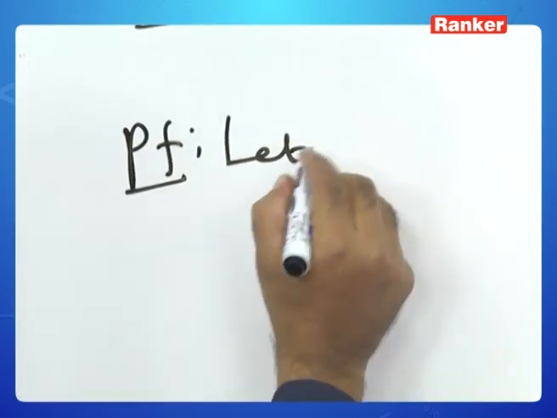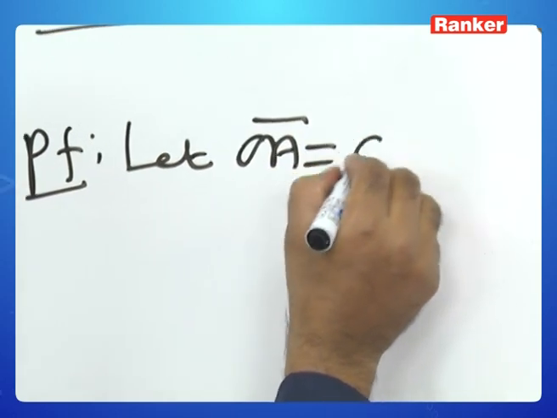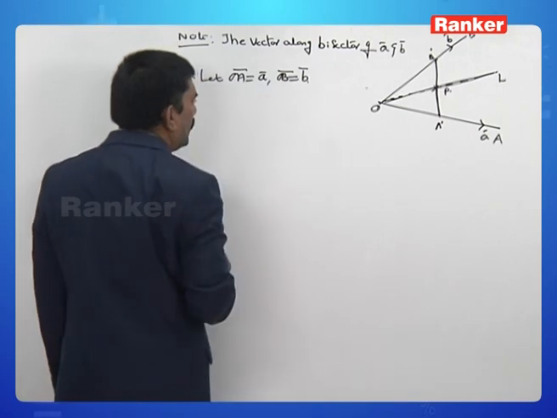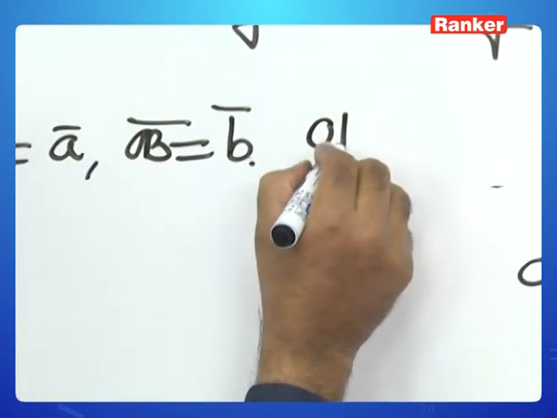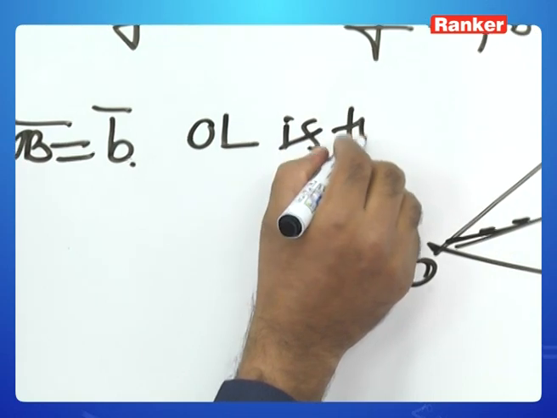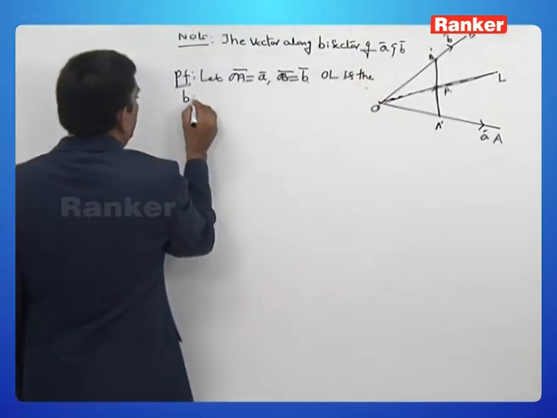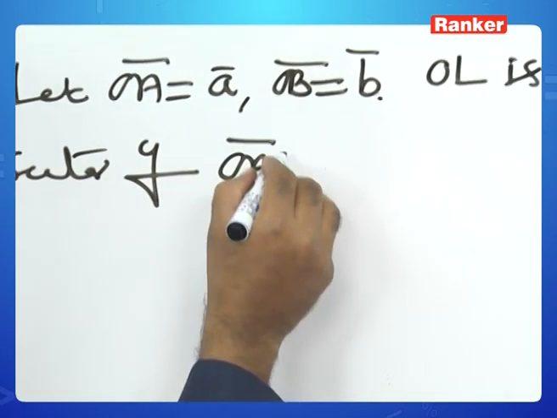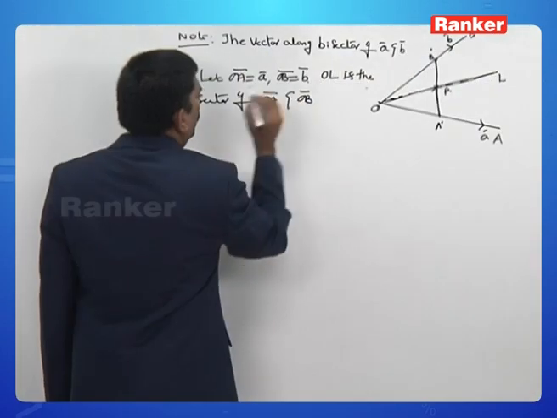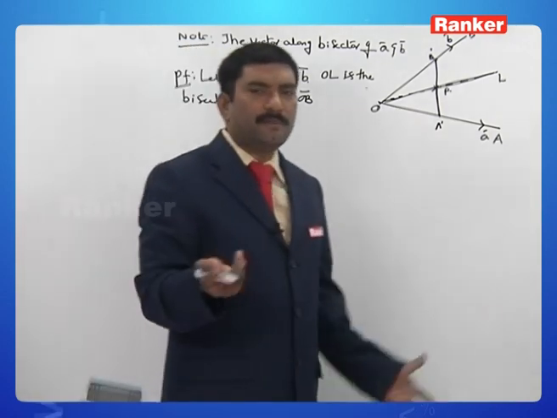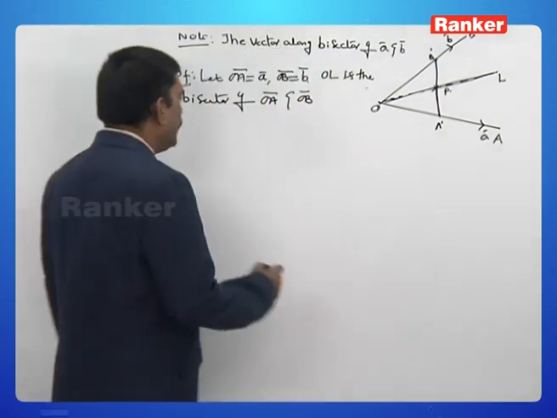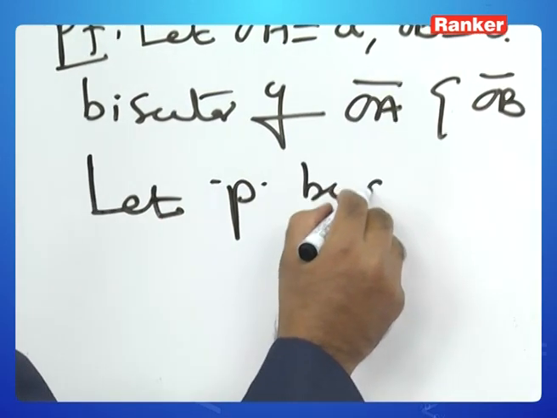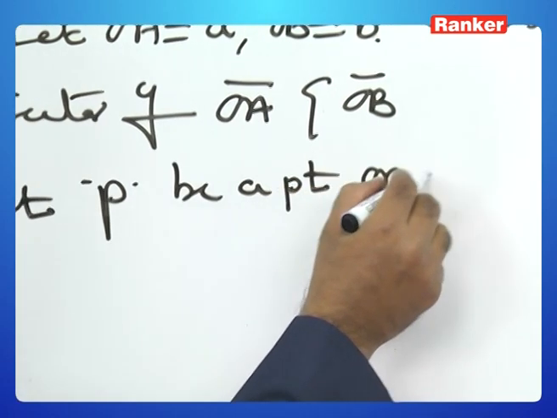Let OA bar is equal to A bar, OB bar is equal to B bar. OL is the bisector of OA bar and OB bar, or OL is the bisector of A bar and B bar. Let P be a point on OL.